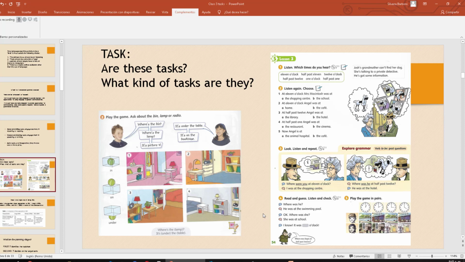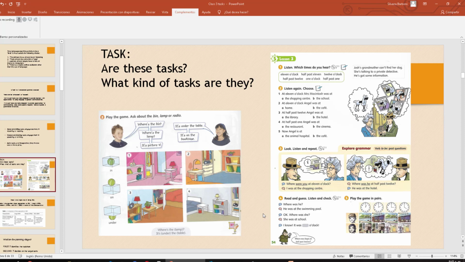So student A asks questions such as, where's the bin? And student B responds, it's under the table. Where's the lamp? It's on the bookcase, and so on. So that by the end, student A guesses what student B is describing.